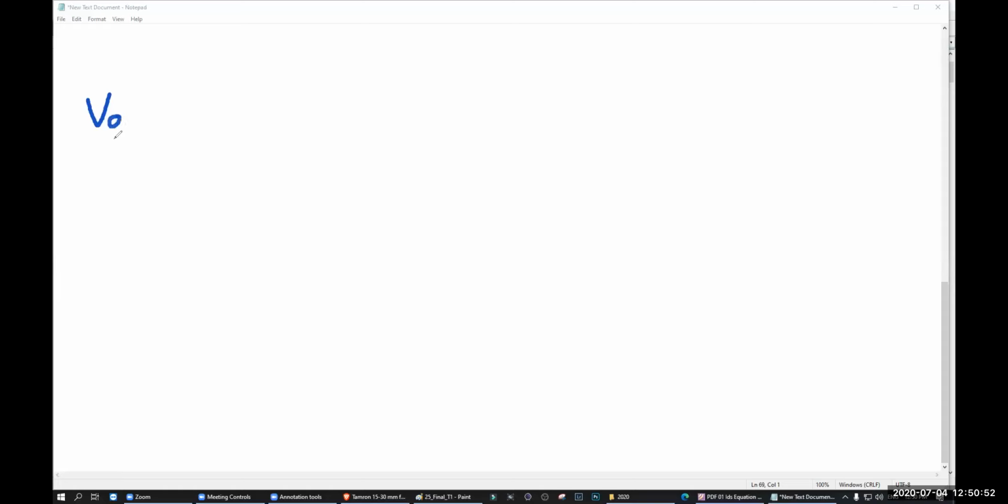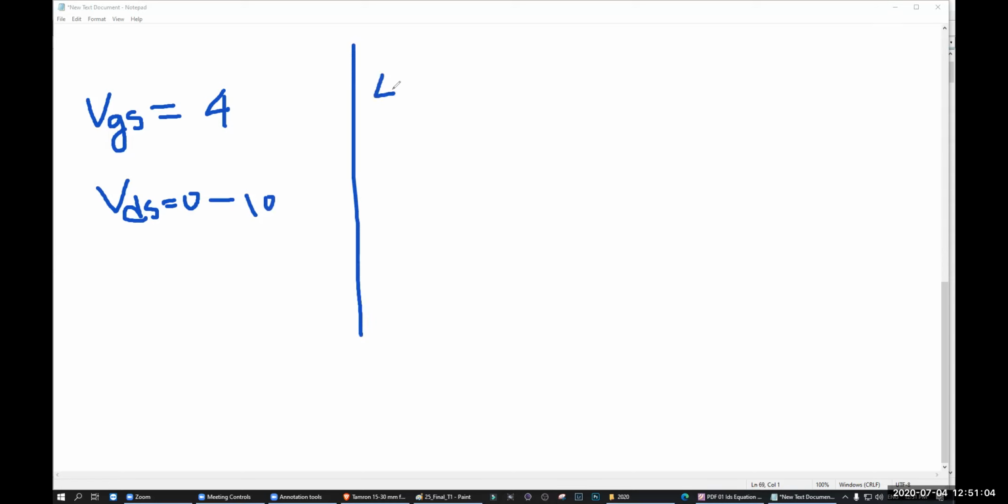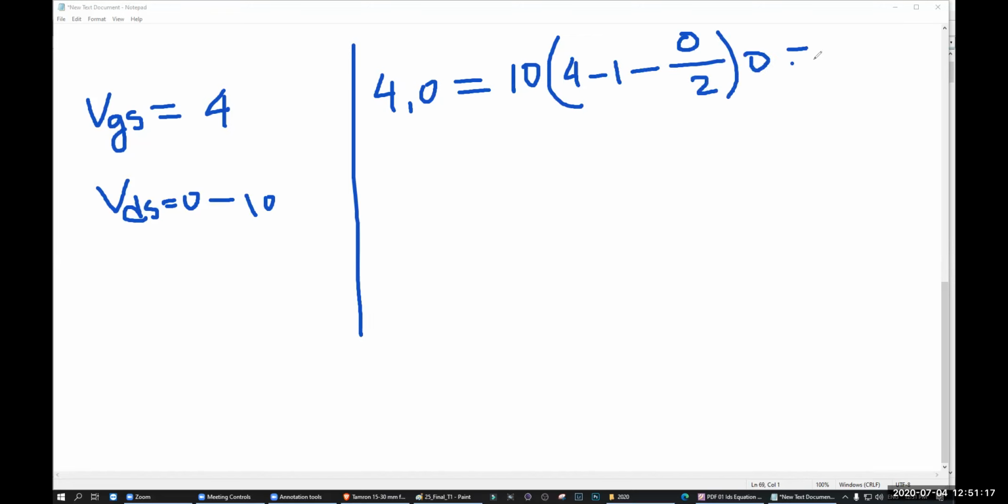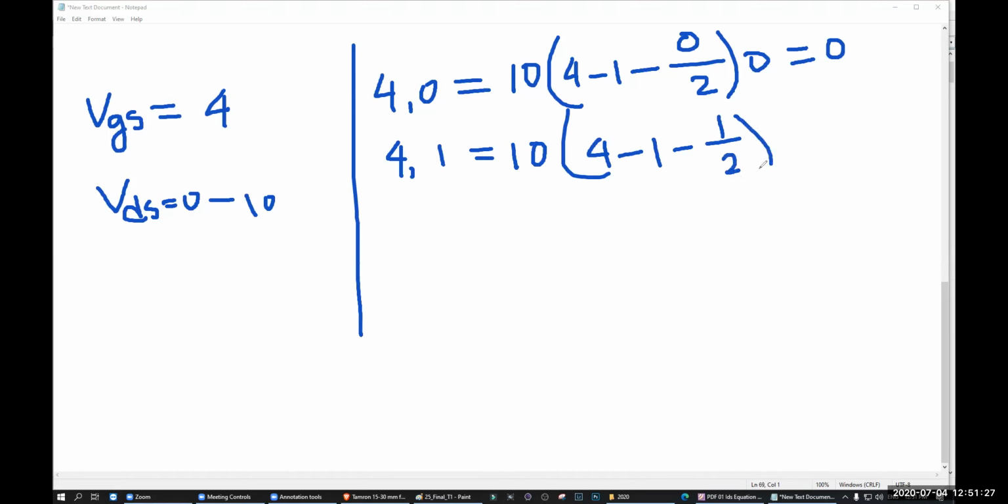Your VGS, let's start with 4, and your VDS, let's start from 0 to 10. So for 4, 0, what will be your answer? 10, 4 minus 1, minus 0 by 2, into 0, the answer will be 0, right? Then 4, 1: 10, 4 minus 1, minus 1 by 2, into 1.